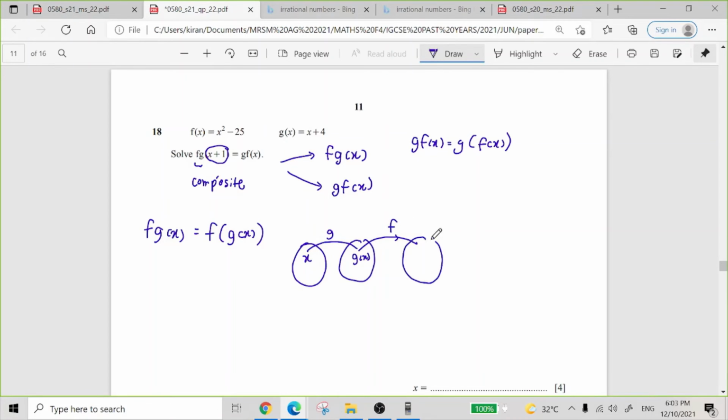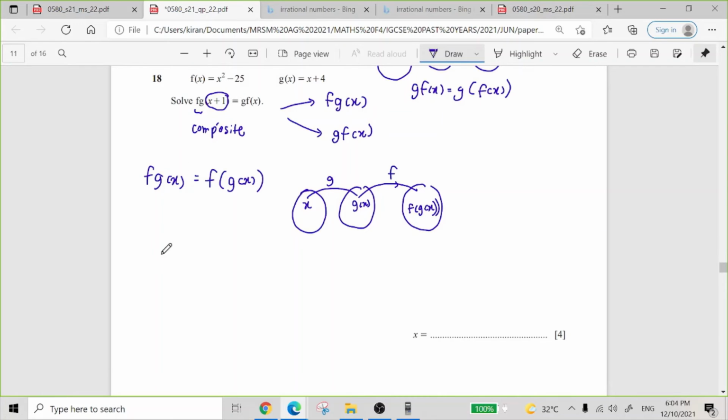So g(x) will be the input for the function f, and that gives fg(x). For the other one, we start with x, go through the function f to get f(x), and then substitute f(x) into function g, and we end up with gf(x). There is a difference. So now we do it one by one.